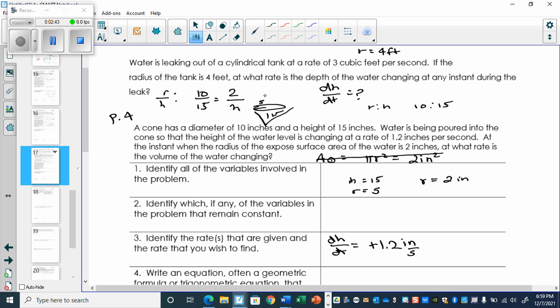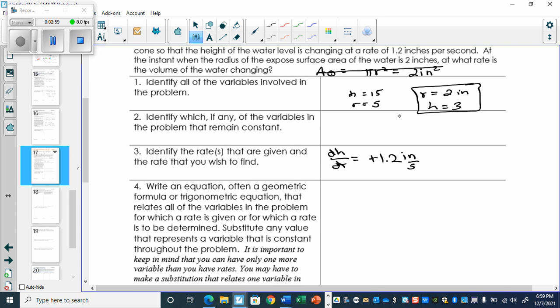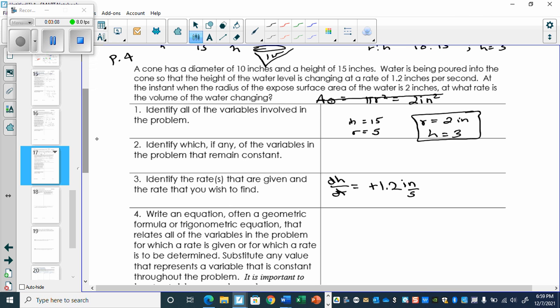So if I cross multiply, that height is 3. The height is 3 at this point. At this very instant, the height is 3. And I can solve for it. There's multiple ways to go about doing this, but this one works. All right. So it says dH/dt is plus 1.2 inches per second.